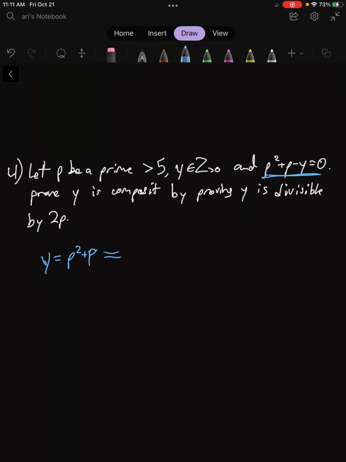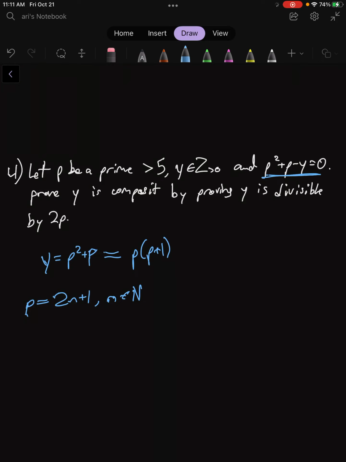Okay, so we have p squared plus p, which is also equal to p times p plus 1. So if we take some p, since p is a prime greater than 5, we know it is of the form 2n plus 1, meaning it's odd, for some natural number n.